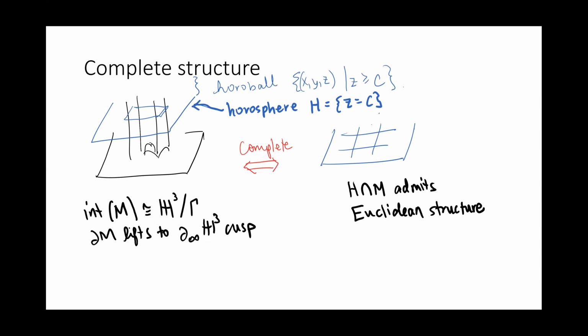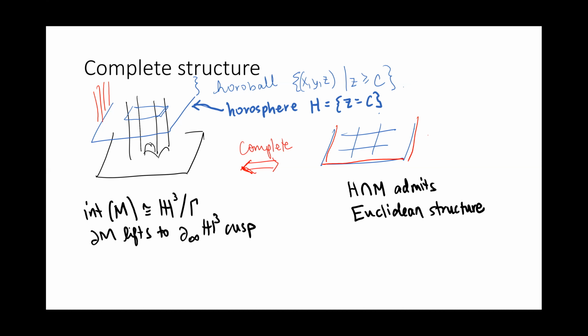So in the complete structure, we get some messier diagrams for this last bit of the talk, but in the complete structure, our horoball we can think of as all the points above some fixed height, and the horosphere is the set of points at that height. And this horosphere will give you a Euclidean structure, basically, on a torus.